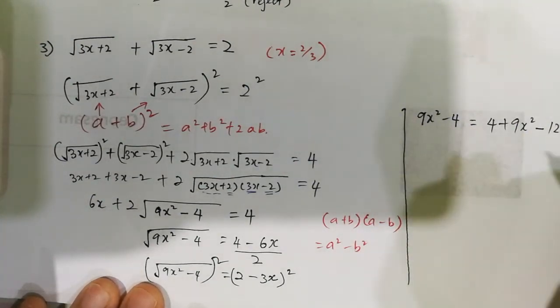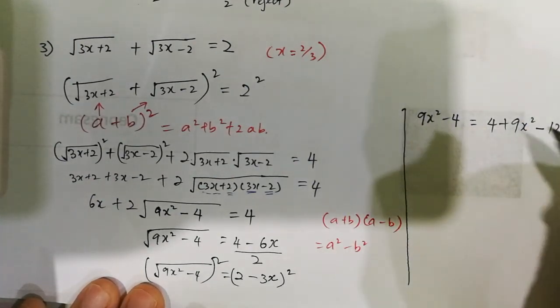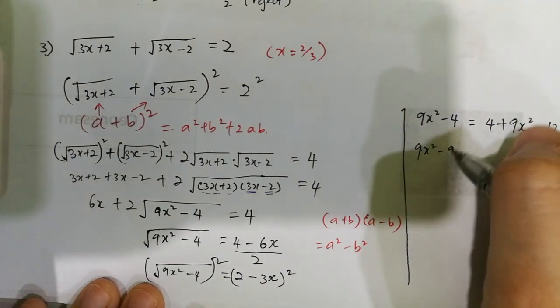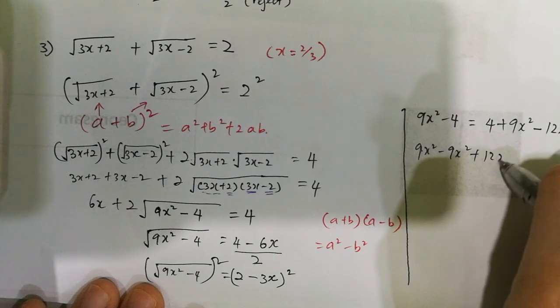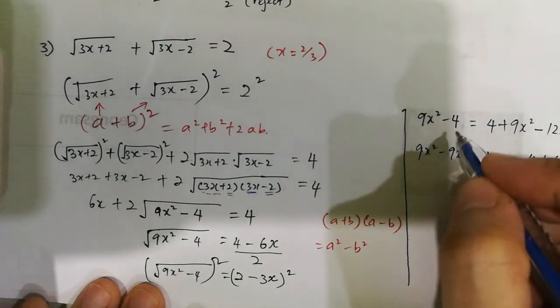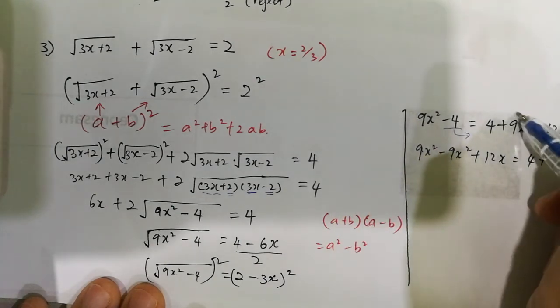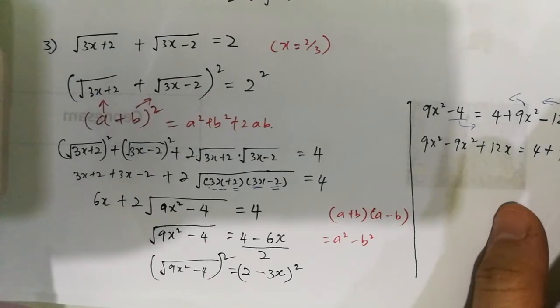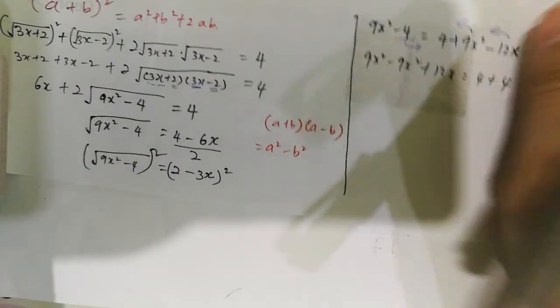So everything bring to one side, or x put on one side. The 4 I bring over, this one bring over, this one bring over. If you cannot, later you do slowly.